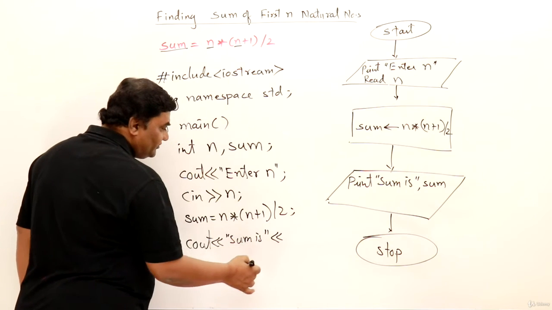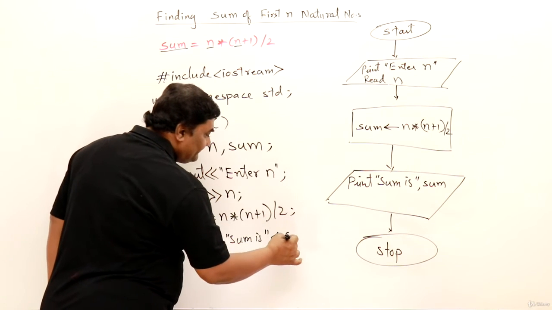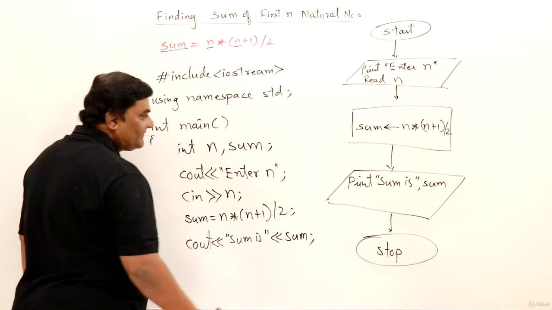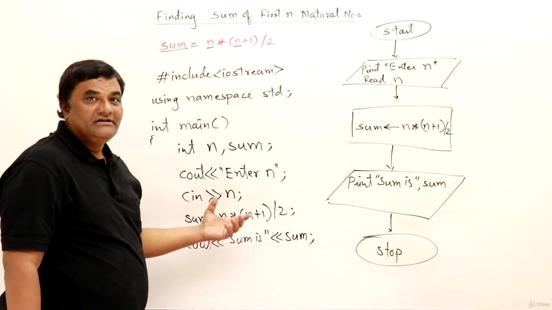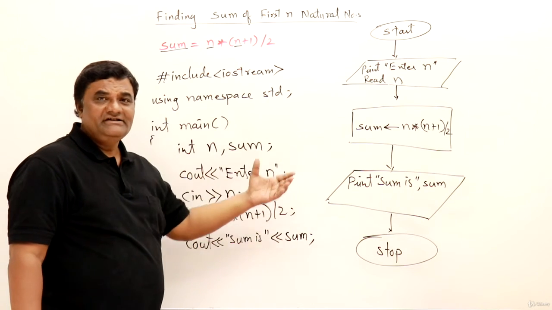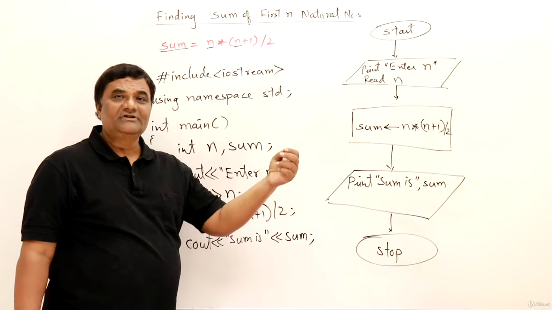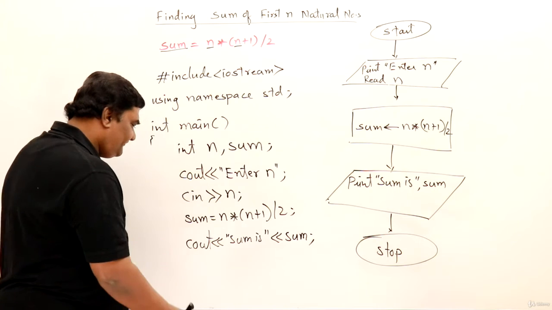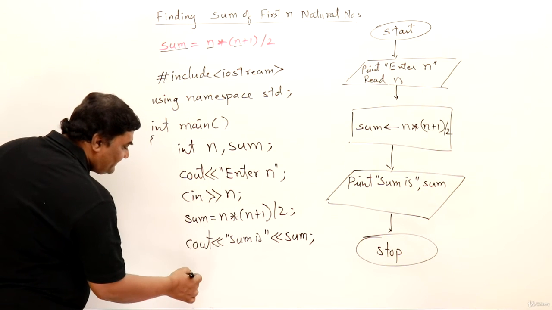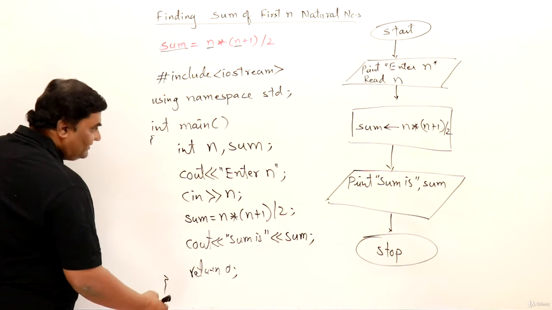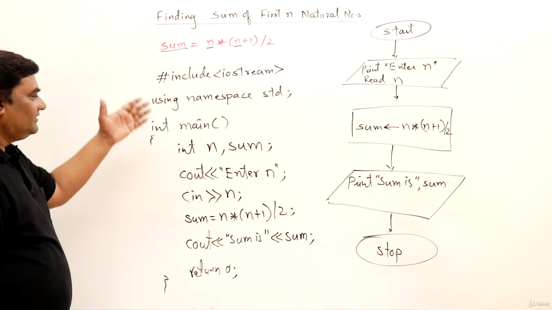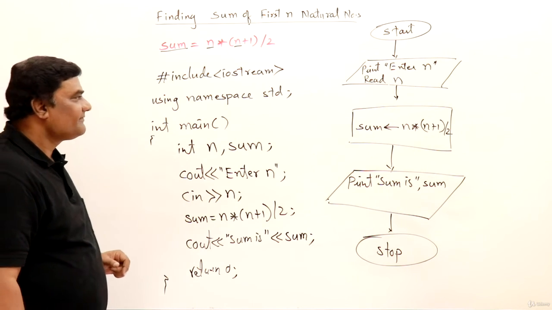Then again the insertion operator, and write the variable name, sum. The message is a part of the output; I can even write a complete message, such as sum of the first n natural numbers is so and so. Then as we wrote int main, we can write return 0 here, and that's all. End of this. So this is the program.